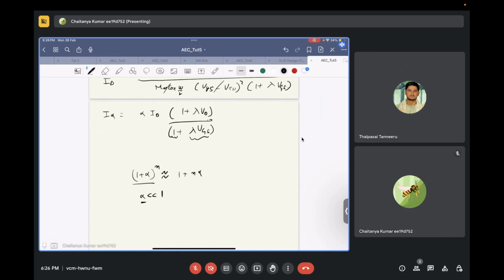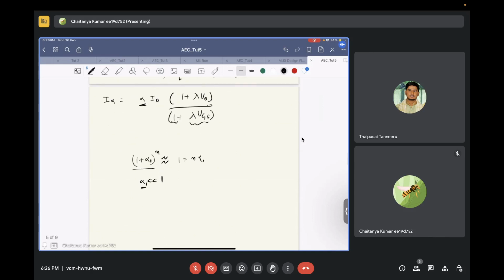Let's say this is alpha 1, not alpha, because alpha we have used over here. So I alpha is equal to alpha times ID times 1 plus lambda VD times 1 plus lambda VGS to the power minus 1.